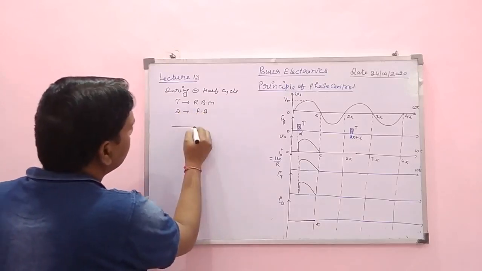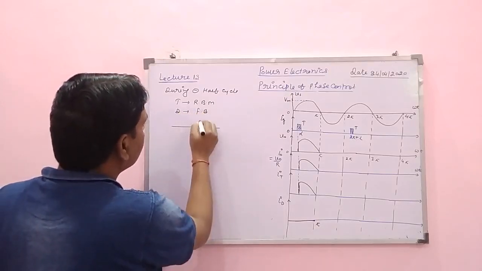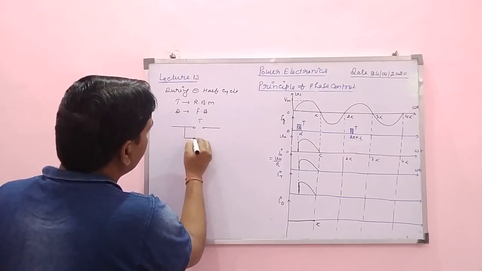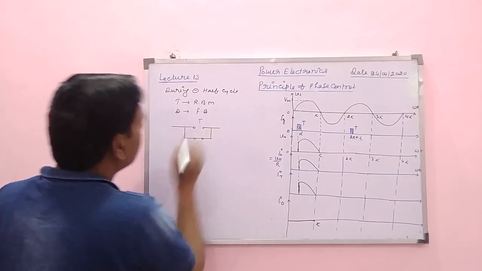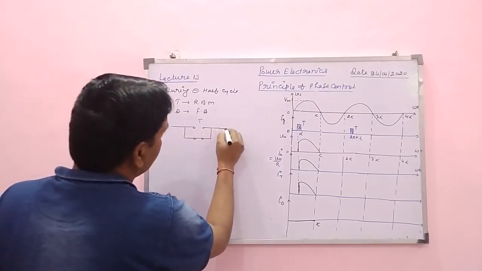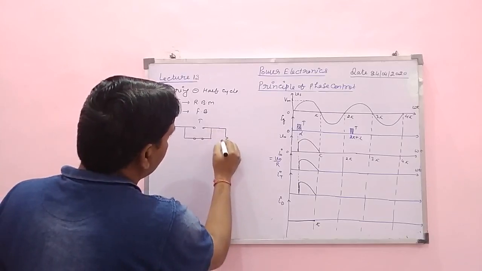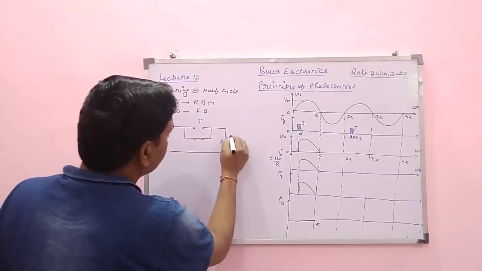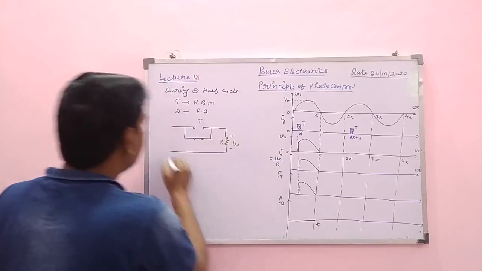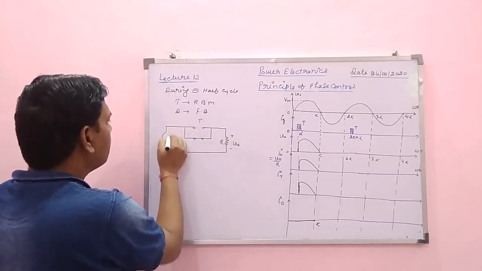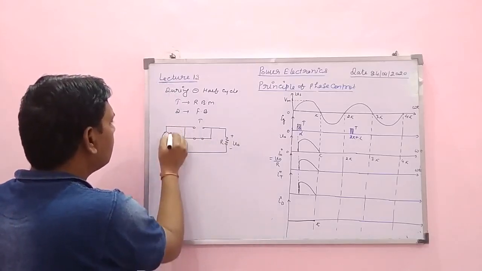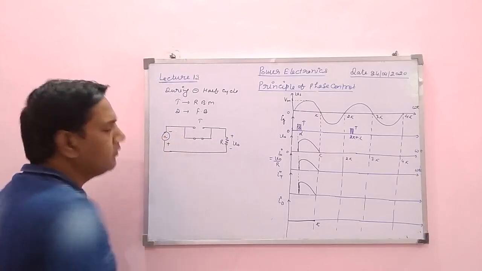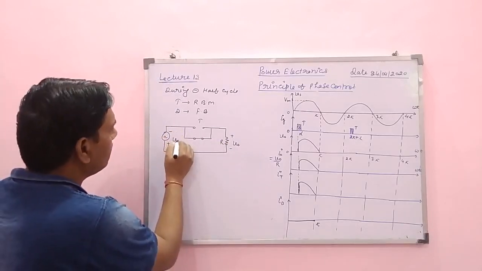So the equivalent circuit will look like this: this is thyristor T, and the diode will be like a short circuit during forward bias condition. This is load resistance R, and this is plus minus output voltage V0, and this is the negative half cycle of supply voltage. It will be minus and it will be plus, that is Vs.